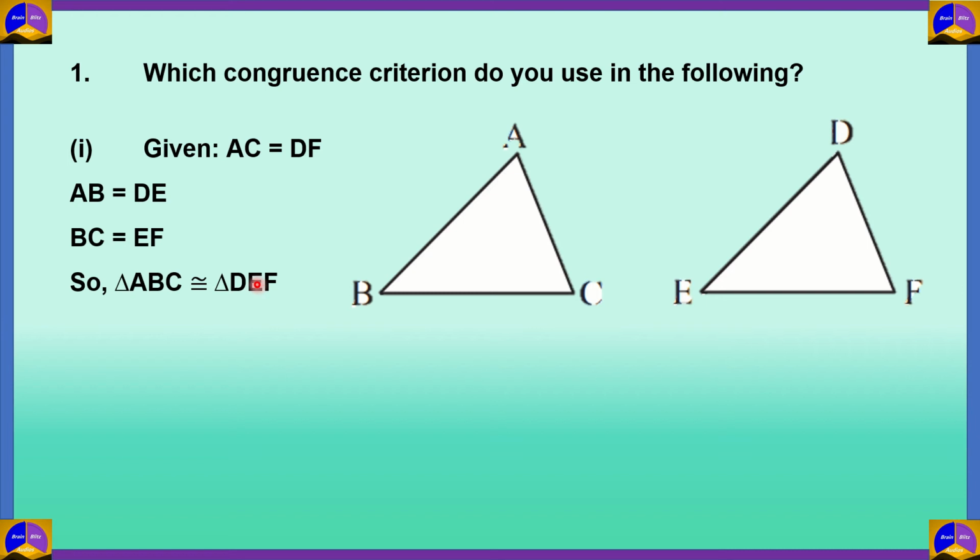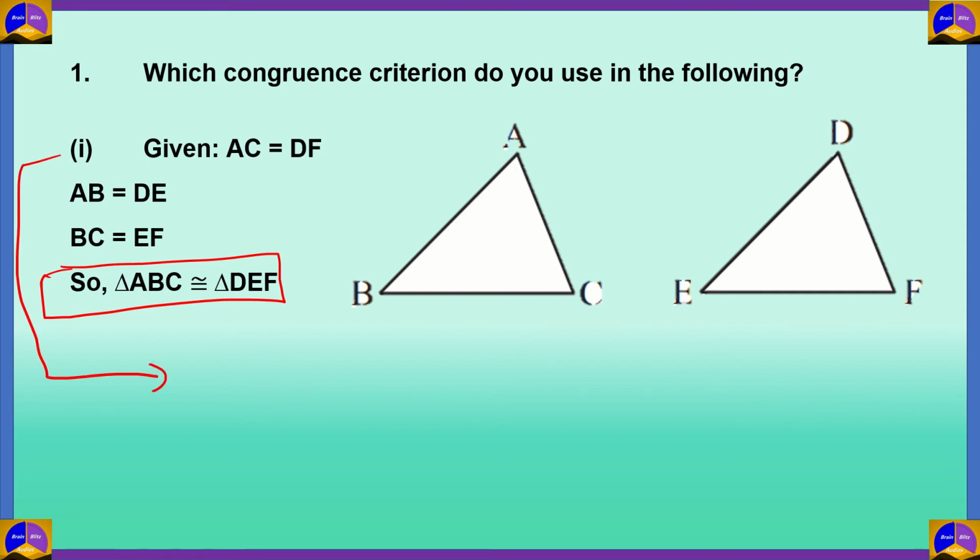So we have to find out which congruency criterion we should use. The congruency criteria are SSS, SAS, ASA and RHS. So we have to find out which is being used so that we can get the final statement. Now to find this, we have to look at what is given to us.